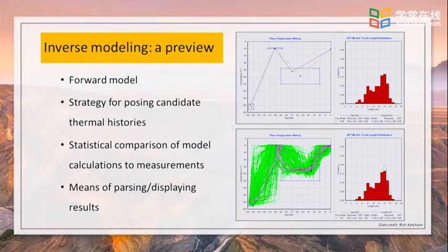It is a statistical comparison of model calculations to measurements, and a way of parsing and displaying results. This figure on the right shows the window in the HeFTy program, displaying the track length distribution and the modeling result of time-temperature histories.